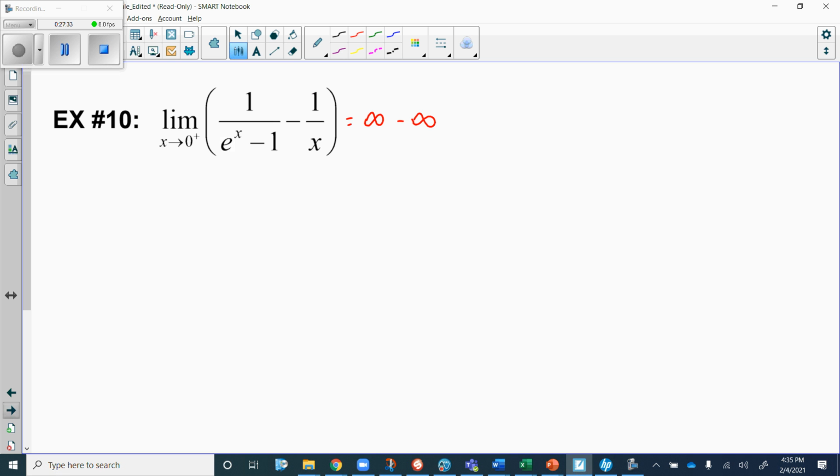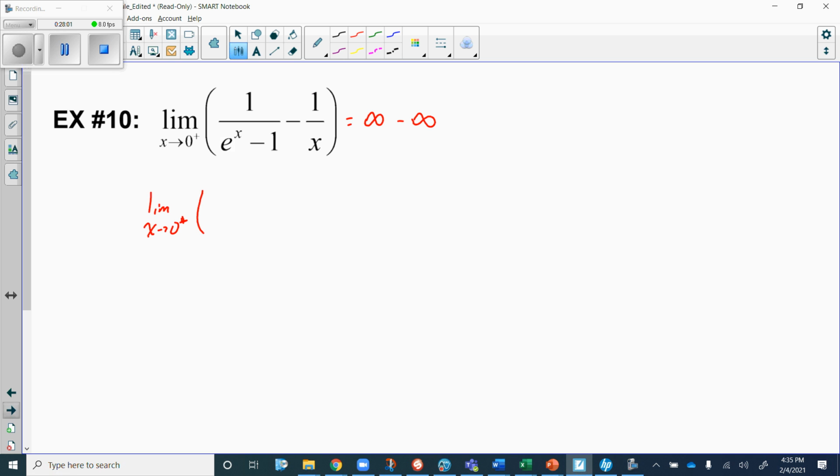So I'm going to say the limit as x approaches 0 from the right-hand side. Essentially, we're just putting everything over a common denominator. So take everything we have in the parentheses already and rewrite it with a common denominator.